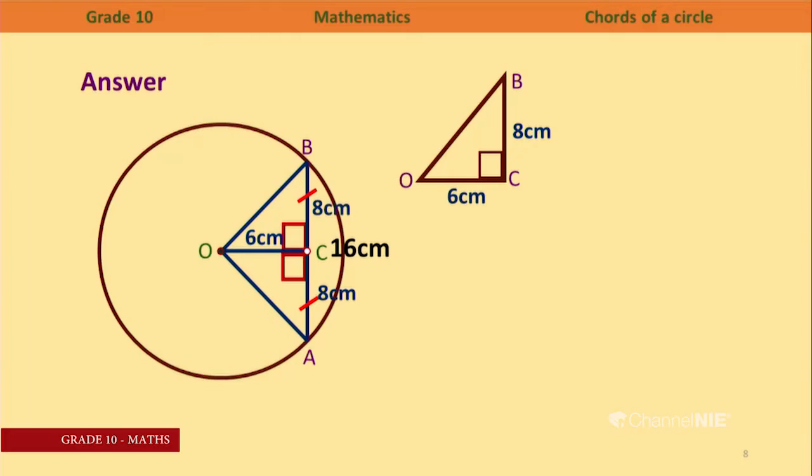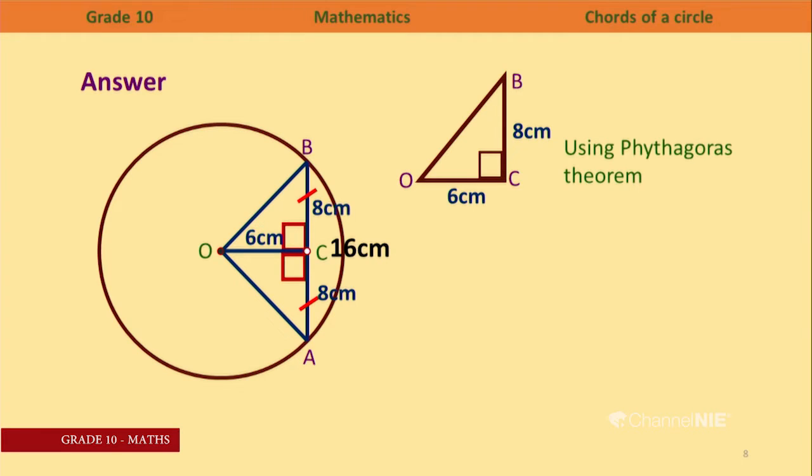So, you have the triangle OCB, that is a right angle triangle, and you know the lengths of two sides, one is OC and the other one is BC. Then you can find the length of the OB side. You can apply the Pythagoras theorem. Here, what is the hypotenuse? OB.